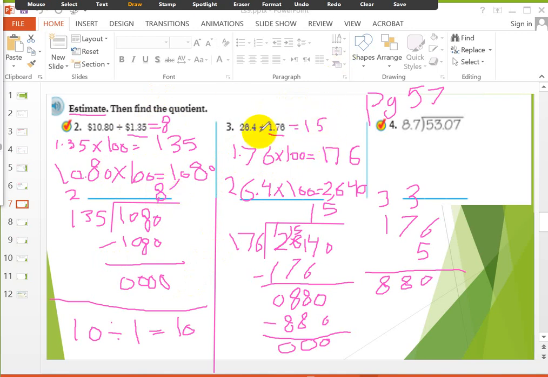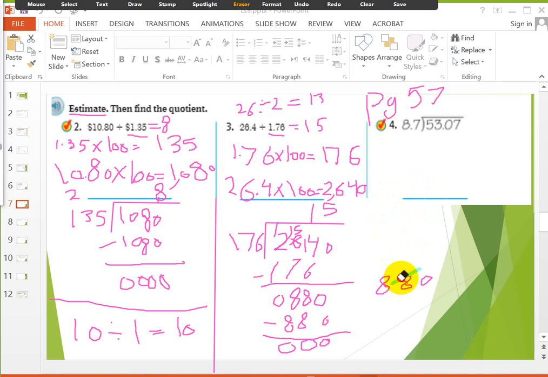Now, if you round this number into the nearest whole, it will be what? It will be 26. And if you round this number to the nearest whole, it will be 2, right? Now if you divide 26 on 2, the answer will be 13. So it's close to the final answer.